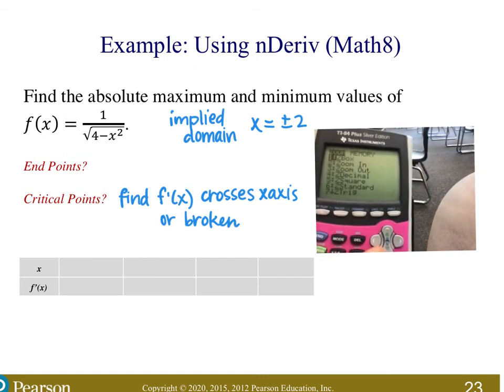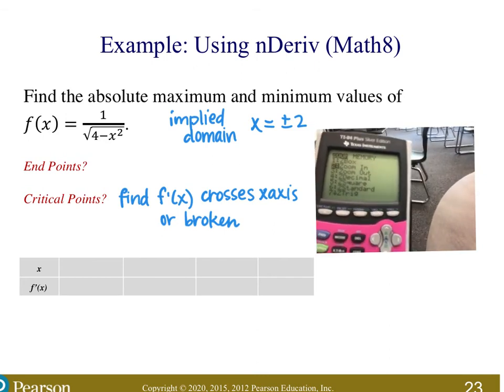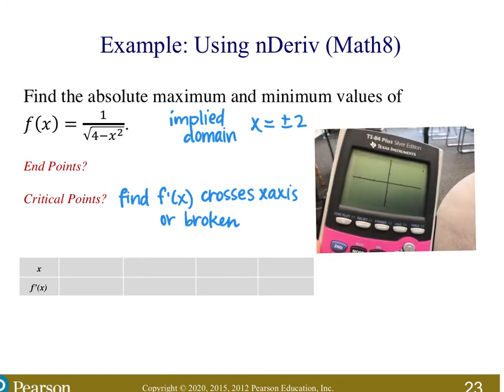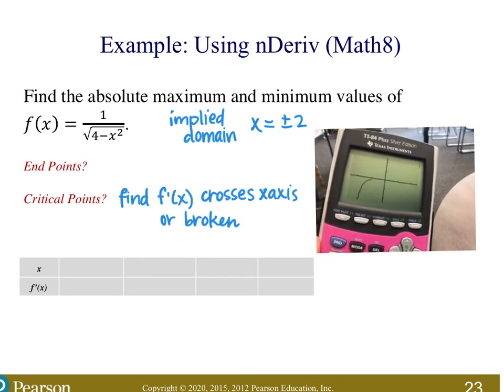So I'm going to zoom in on that and just check it out a little bit more. Okay, zoom in, hit enter. I'm going to take a closer look at that. And it sure looks like it's crossing that x-axis. So again, you can screenshot what you see or you can draw a sketch of what you see also.